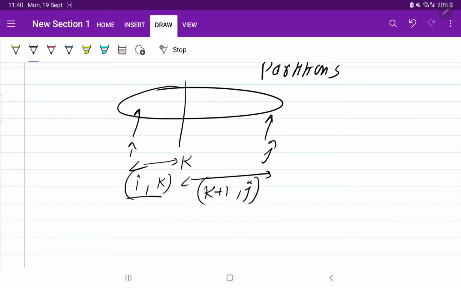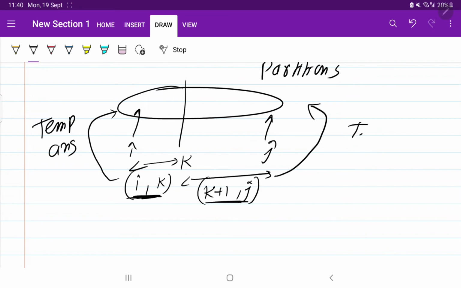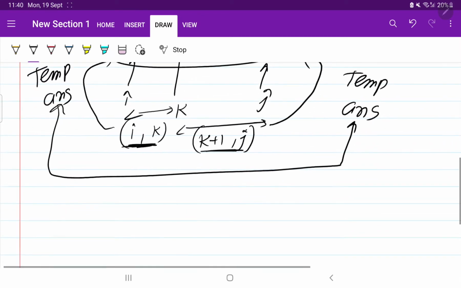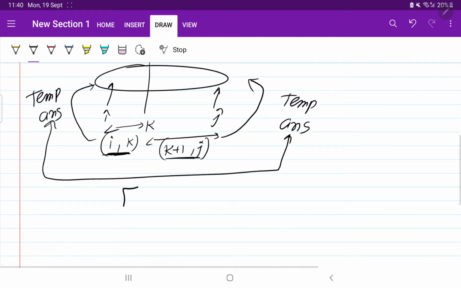If you do the partition from I to k and then k plus 1 to j, you will get some temporary answer here, and also here, and with the help of these temporary answers you are going to reach your final answer.